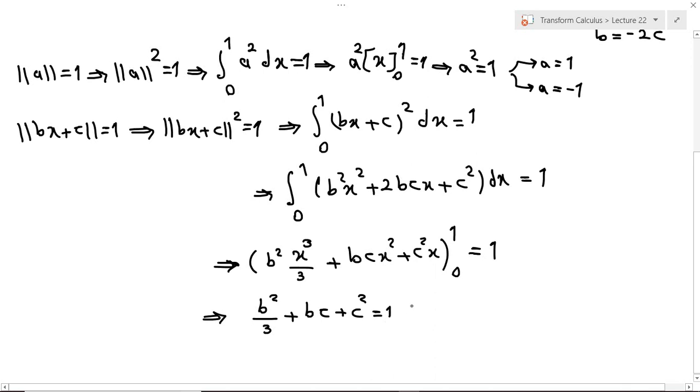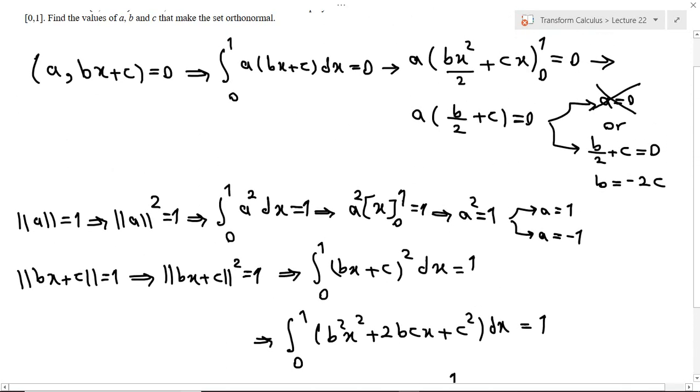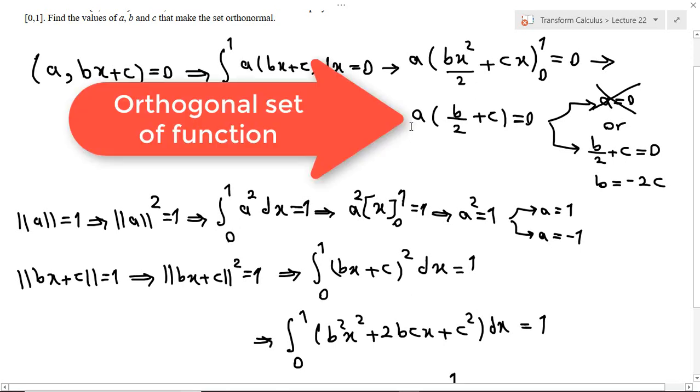From orthogonality of this set of functions, here we found that b should be equal to minus 2c because in fact we said if you want to have an orthogonal set of functions, a times b over 2 plus c should be equal to 0. So we said a should be equal to 0 or b over 2 plus c should be equal to 0. Then we said based on norm of a, because you want to have norm of a equal to 1, a cannot be equal to 0.